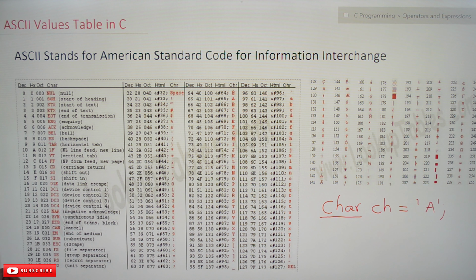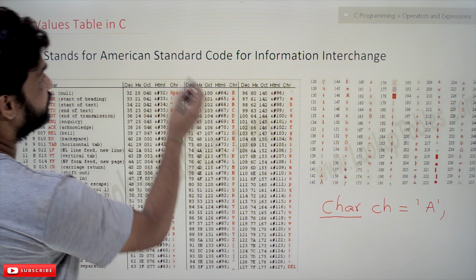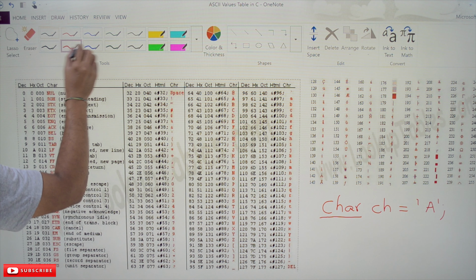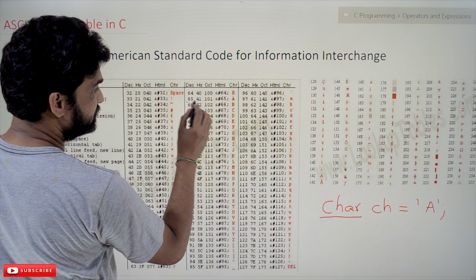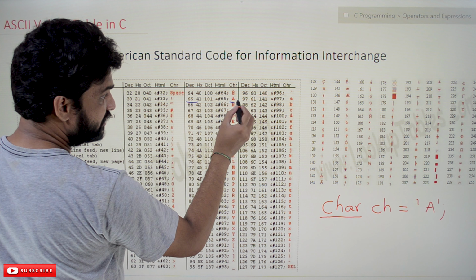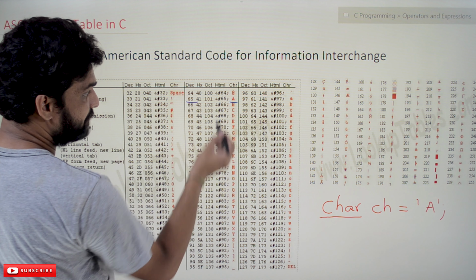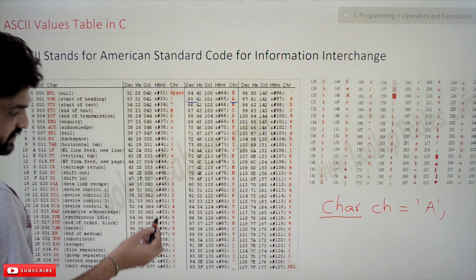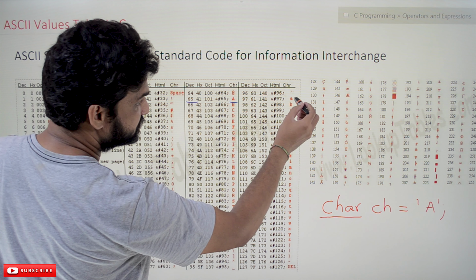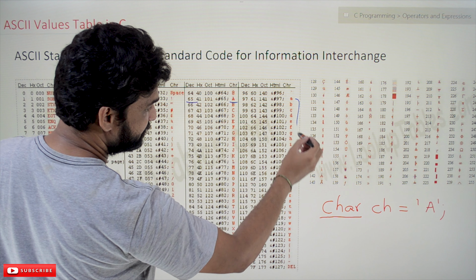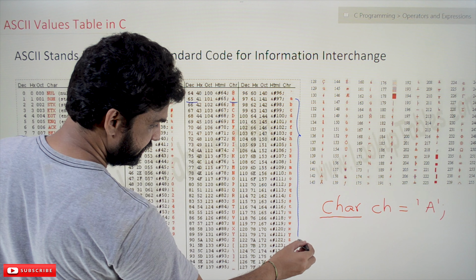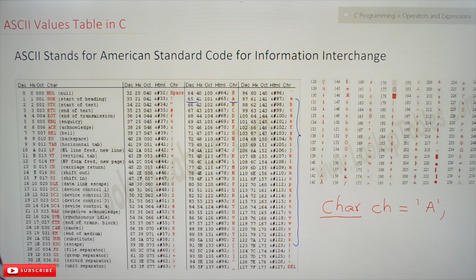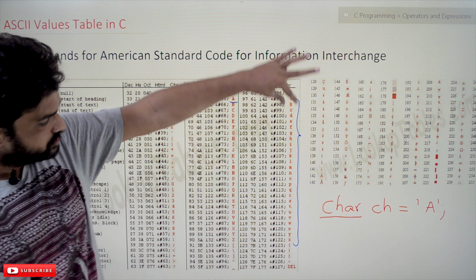For example, 65 is the code for uppercase A, and 66 is uppercase B. Similarly, lowercase alphabets start from 97 to 122.